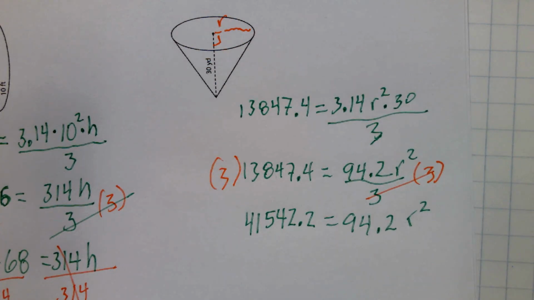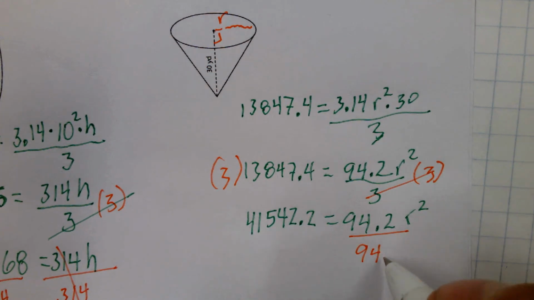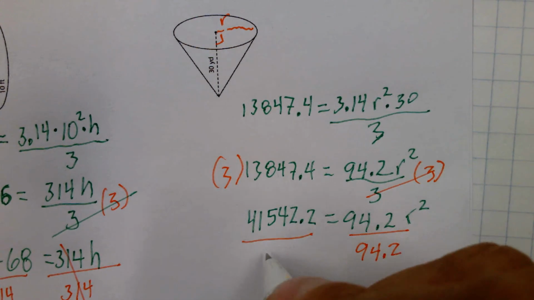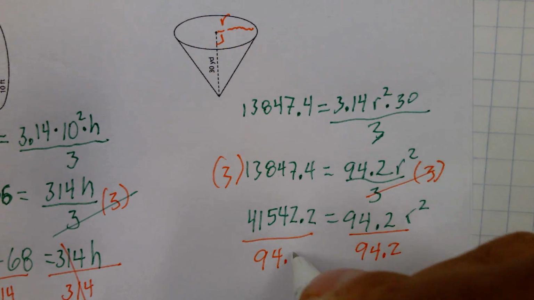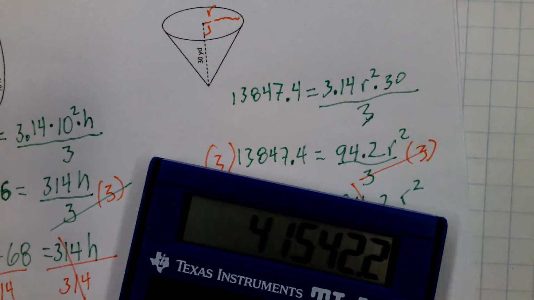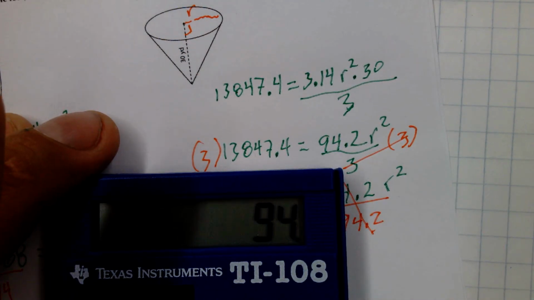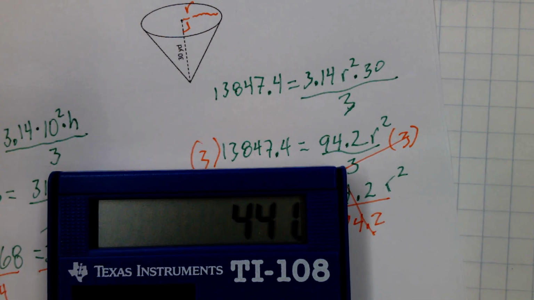So it's a quadratic equation. Let's divide this value by 94.2. We get 441.